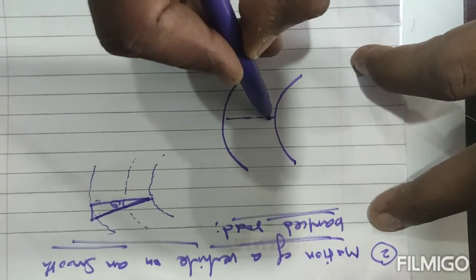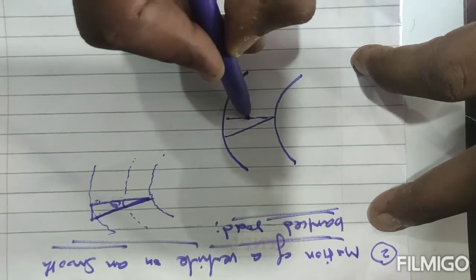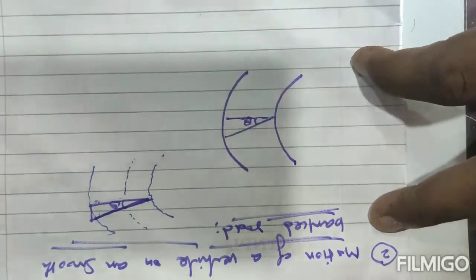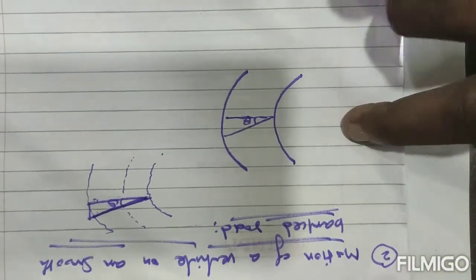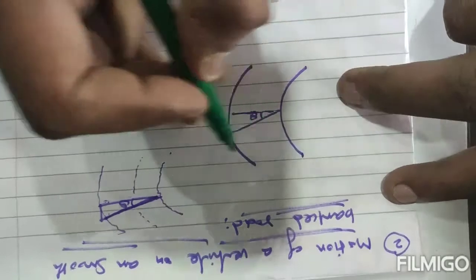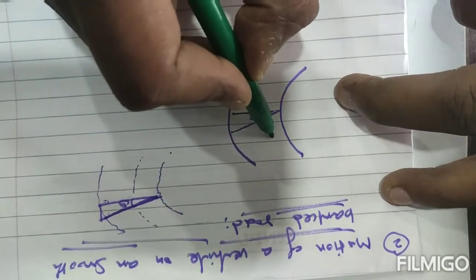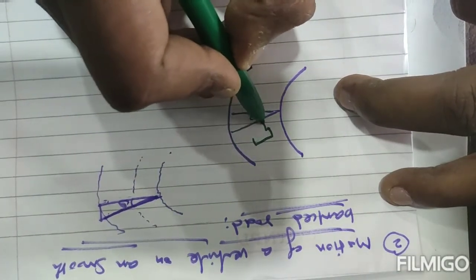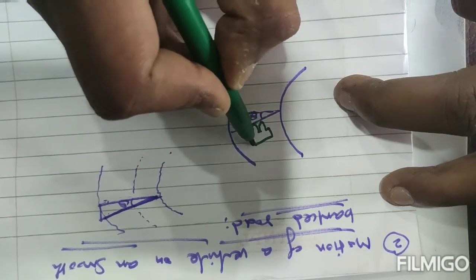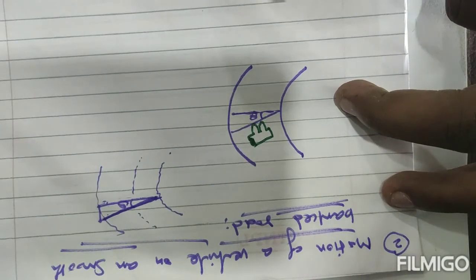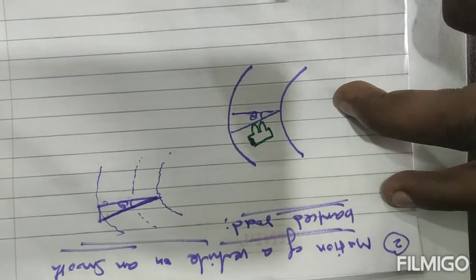Now it is considered as banking, that is a theta angle. Now let us imagine, let's take one vehicle. As usual the front tire, also only the front tire. It is that vehicle.